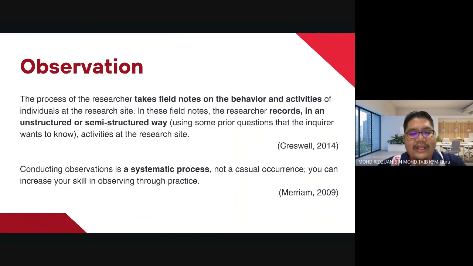This is what Creswell 2014 said. Okay, conducting observation is a systematic process, not a casual occurrence. You can increase your skill in observing through practice. This is what Merriam in 2009 said. Okay, next.